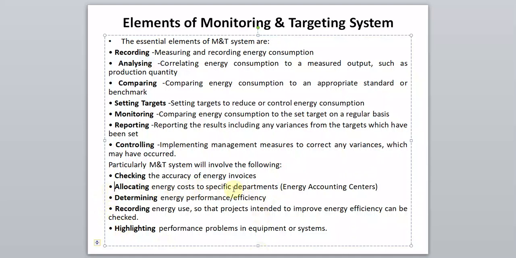For example, for the raw material department, the annual energy cost should be 1 lakh, 2 lakh. Other departments should be lower or higher depending on the industry. So allocation of the energy cost to different departments is also important. This can vary across industries. Some industries might follow this and some might not.